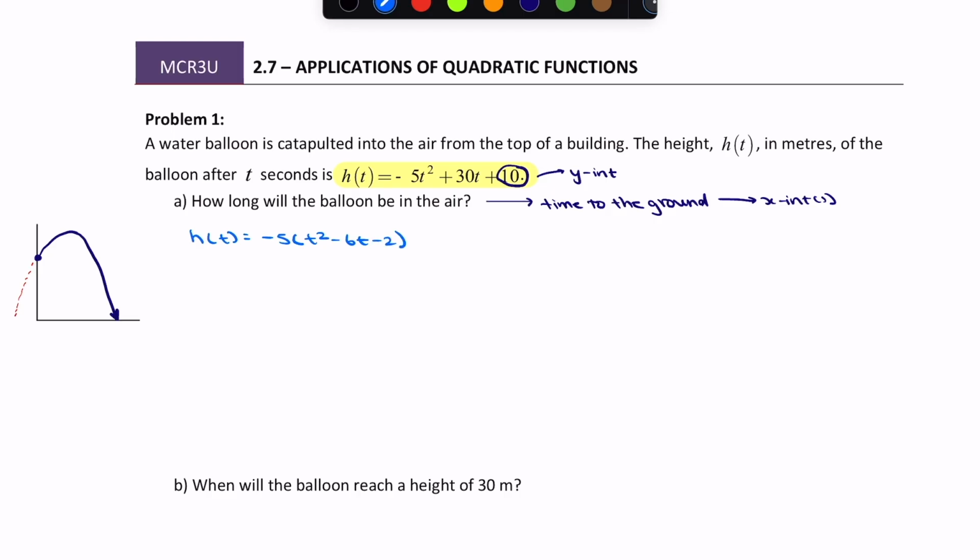Here, the t squared minus 6t minus 2 is not factorable, so we're going to have to use our quadratic formula. So here we have t is equal to negative b, so -6, plus or minus the square root of b squared, which is -6 squared, minus 4a, which is 1, and c, which is -2, all over 2a, which is 1.